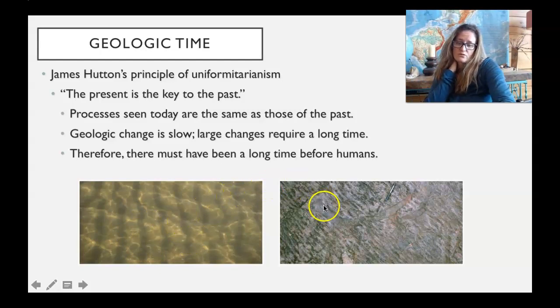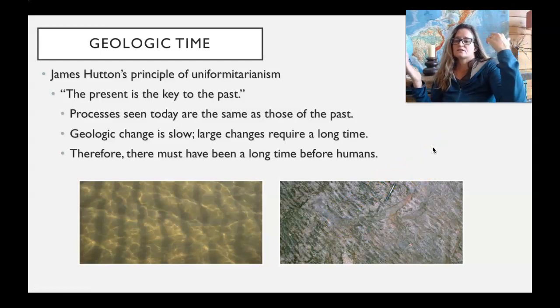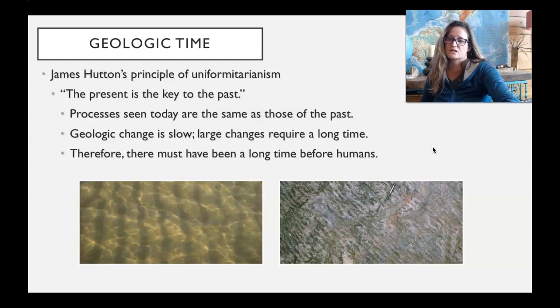Then if we go to the rock record and we find ripples, then we can go back to the present and say, oh, I see how ripples form today. That must be how ripples formed in the past. So we're looking at geologic time going way back, and we can find things that happen in the present and figure out how things happened in the past. That was James Hutton who figured out uniformitarianism.